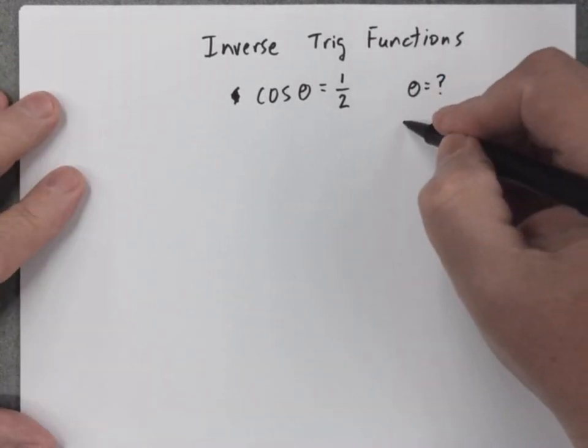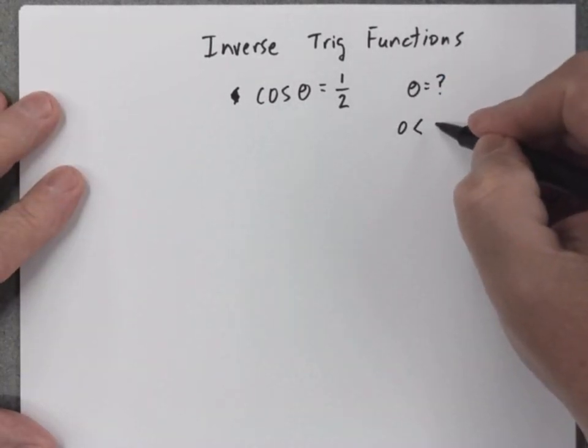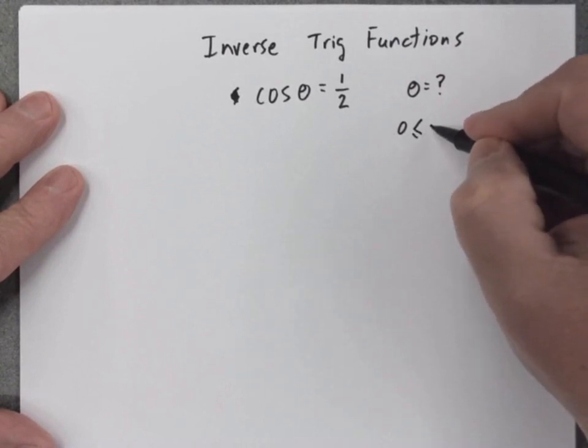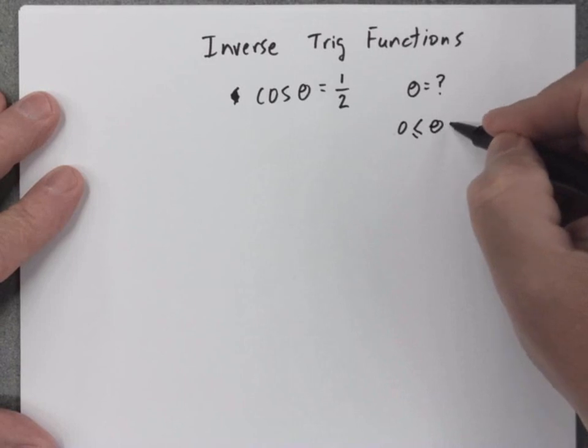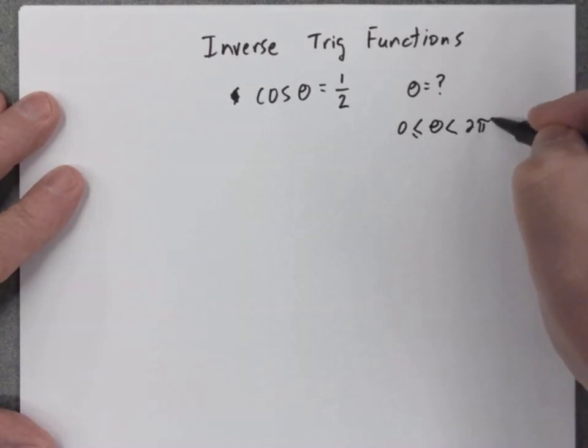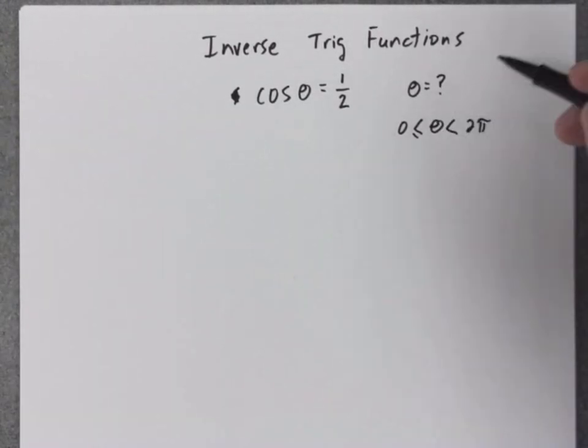And let's just say we're going to only look at angles starting at 0 and going less than 2 pi. So once again, we're going to be working with angles in radians.